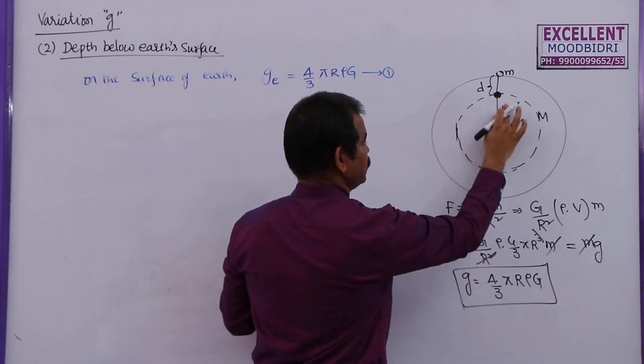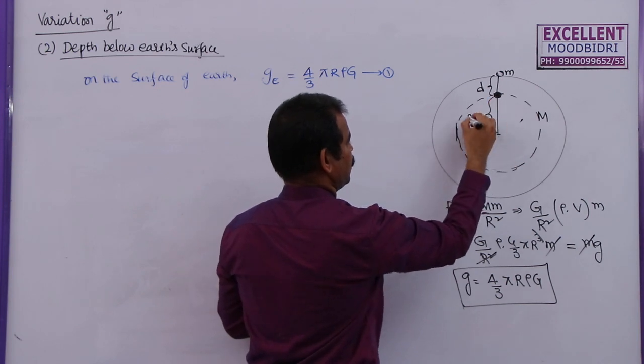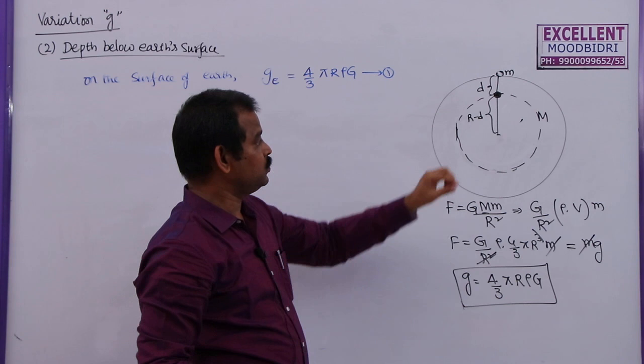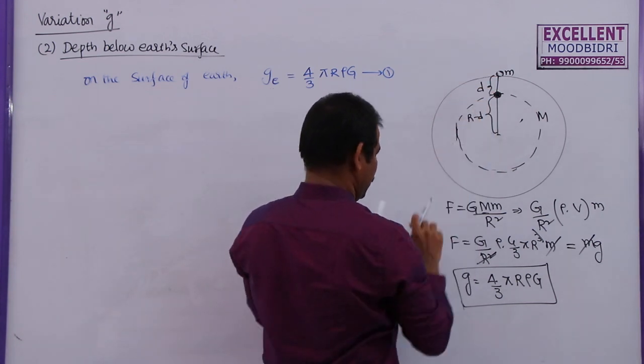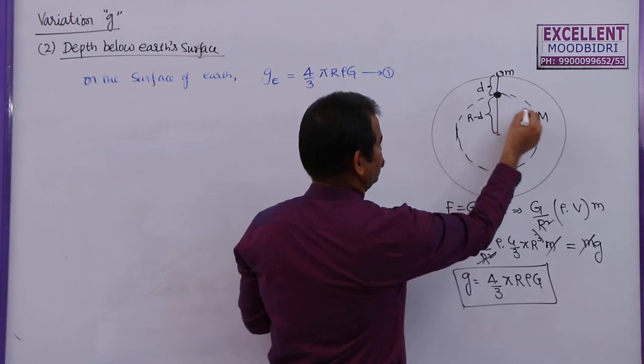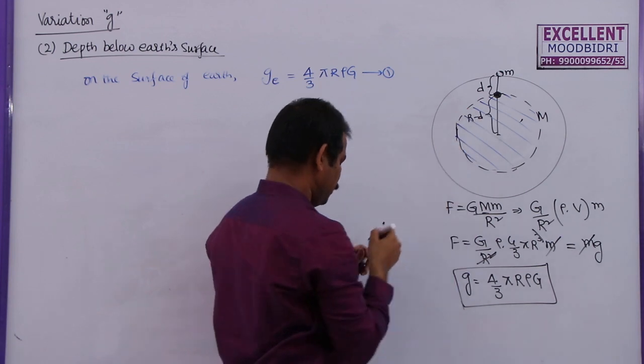So this is not capital R, but from here to here it is capital R minus d, because it is brought to a depth d from the surface of earth. So this is the effective radius or effective volume in which this body is placed.